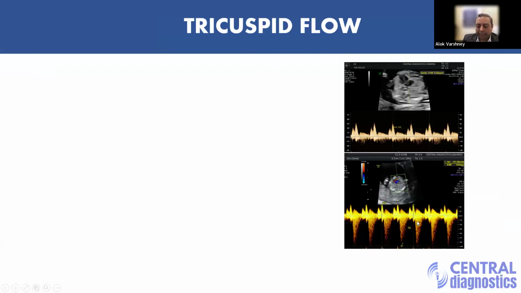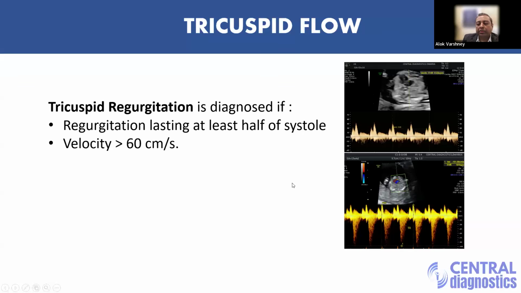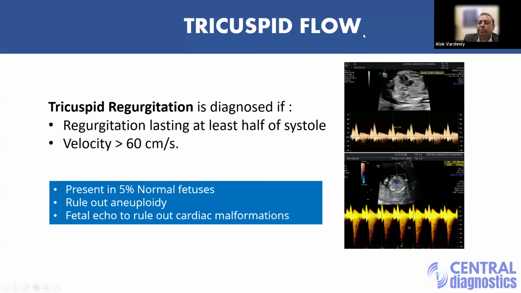And if we are seeing something like this, leaking in the systole, so if the regurgitation is lasting at least half of the systole, and the velocity is more than 60 centimeters per second, that's when we diagnose tricuspid regurgitation. So it is important that we place the gate properly across the tricuspid valve. It should be a wide gate. And again, tricuspid regurgitation can be present in normal fetuses as well.